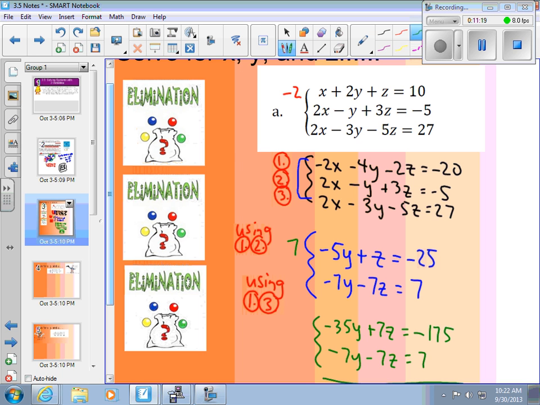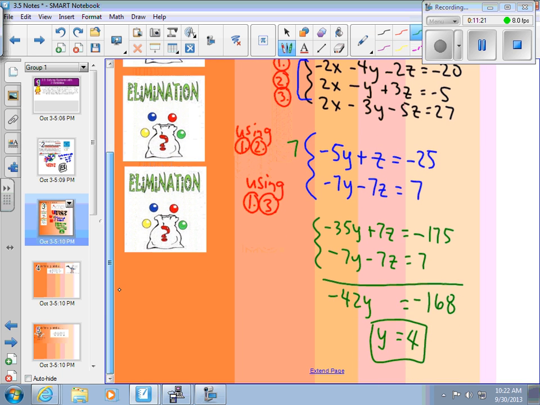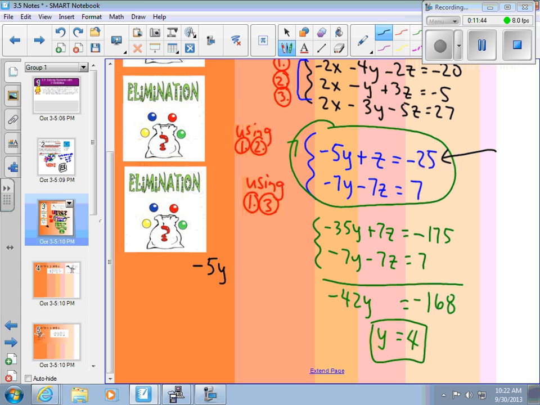So we want to substitute somewhere in these 2 equations right here, because those equations only have 2 variables. So if we substitute y into one of those, we should be able to find z. Let's pick this top equation to do it. Let's substitute y in there. So if we substitute y in for that one, we'd have negative 5y plus z equals negative 25.